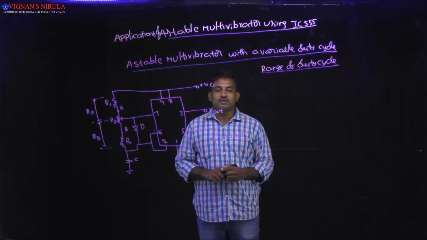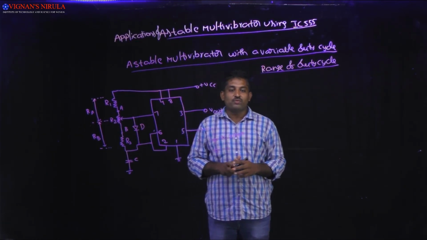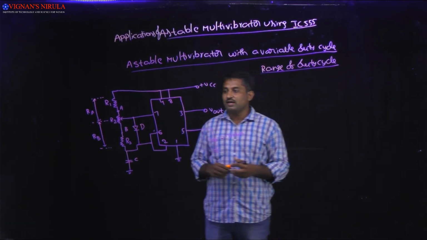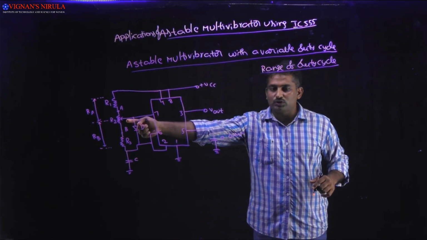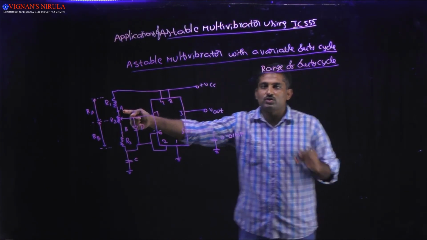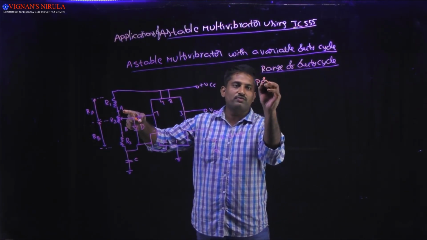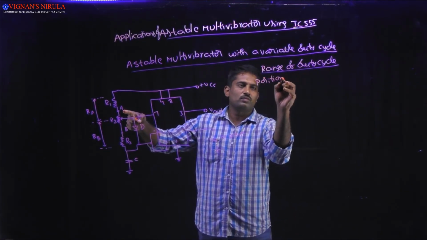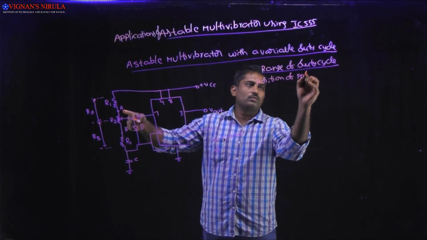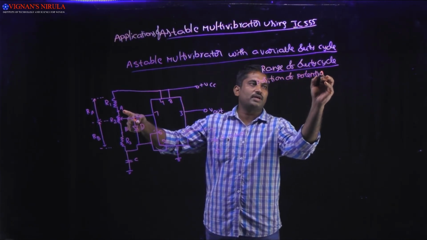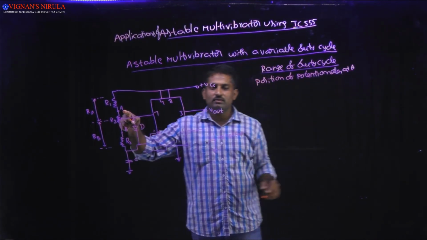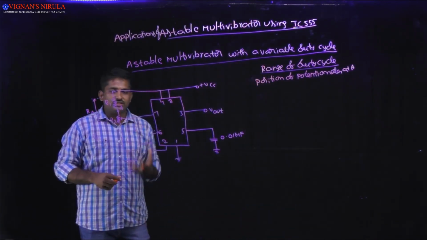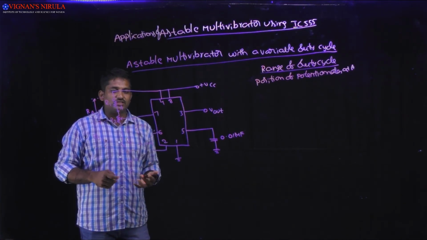First of all, for the generation of the minimum duty cycle, here I am considering the position of the potentiometer at A. Then what happens for the charging time period as well as the discharging time period?